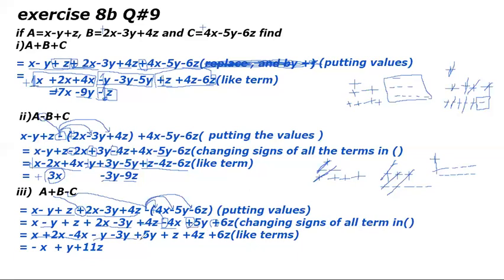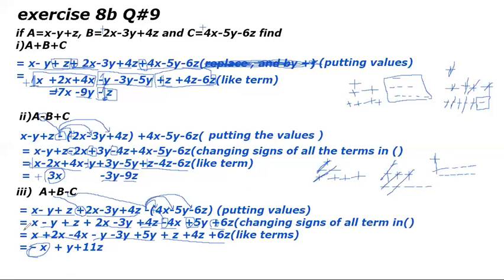These are the like terms. Positive z, positive 4z, and positive 6z are the like terms. Now, these three like terms give us negative x. Now I will prove to you how these three like terms will give us a negative x.